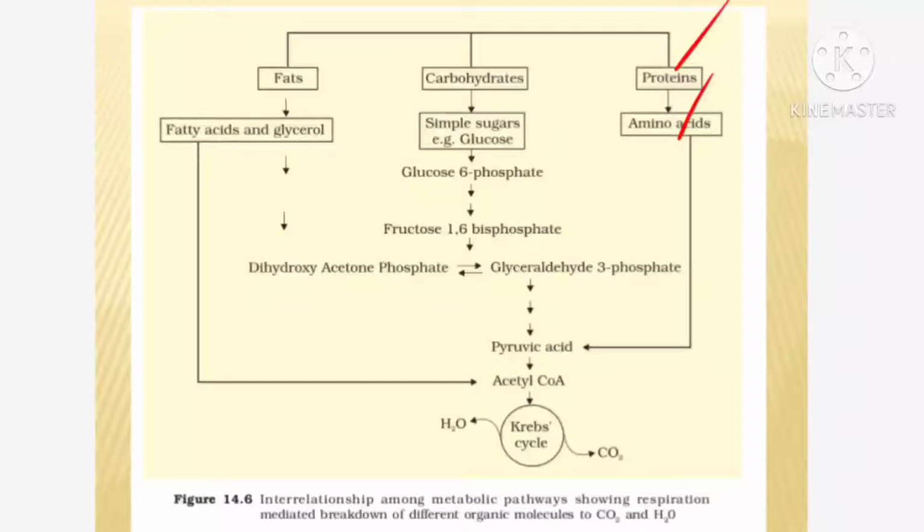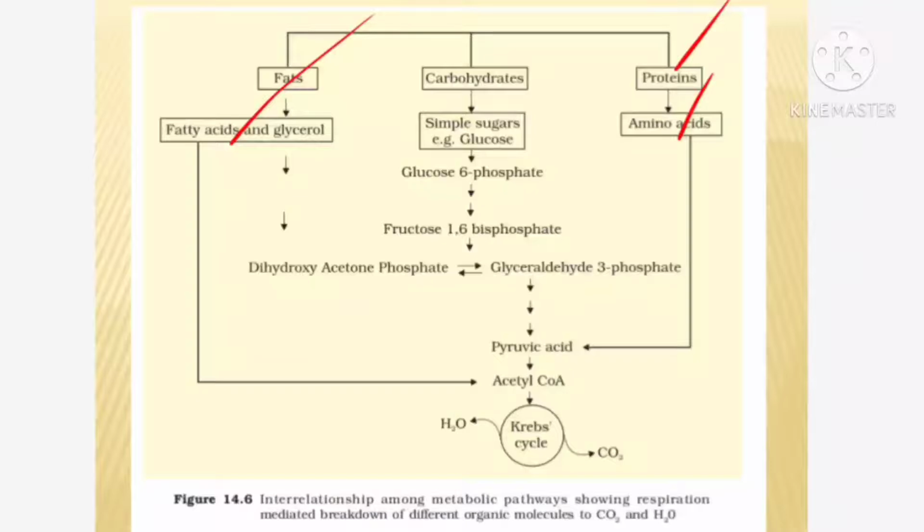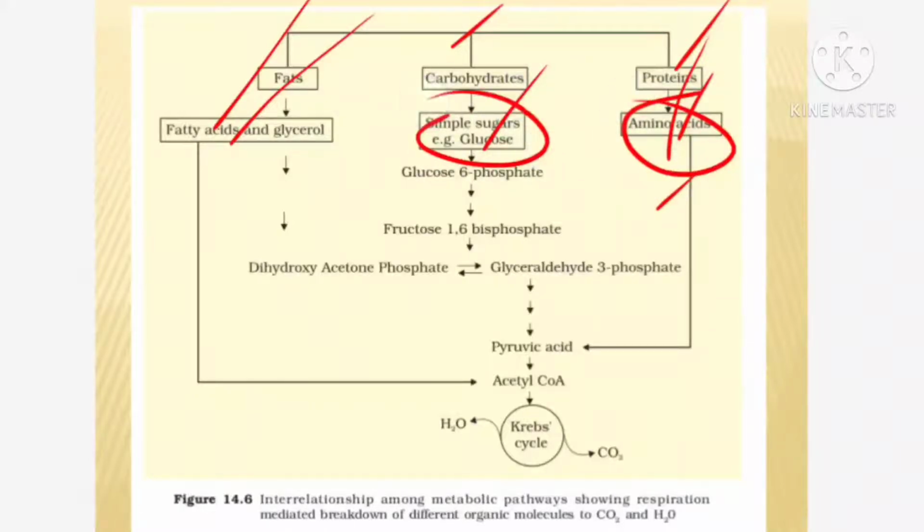What is happening to the fats? The fats are broken down into fatty acids and glycerol. So, proteins are broken down into amino acids, and fats into fatty acids and glycerol. Carbohydrate is broken down into sugar. This is digestion, isn't it? These are the simplest forms of the complex fats, carbohydrates and proteins.